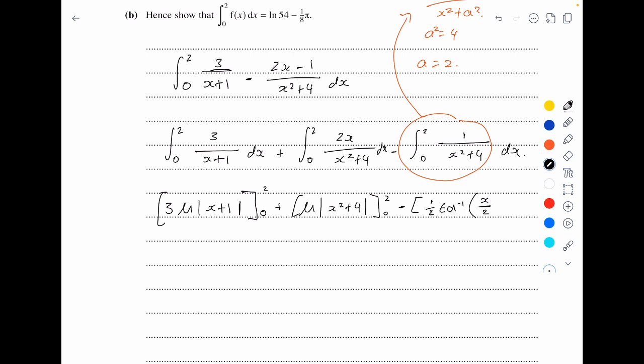Okay, so x over 2, between 0 and 2 again.